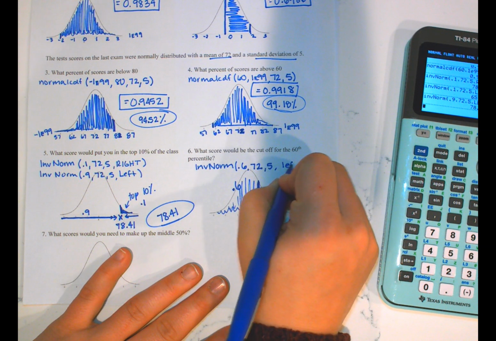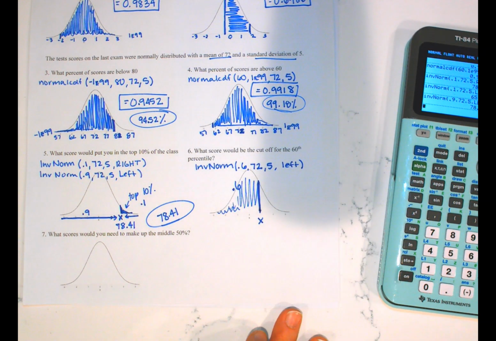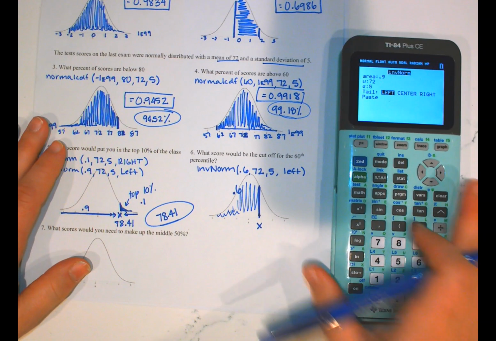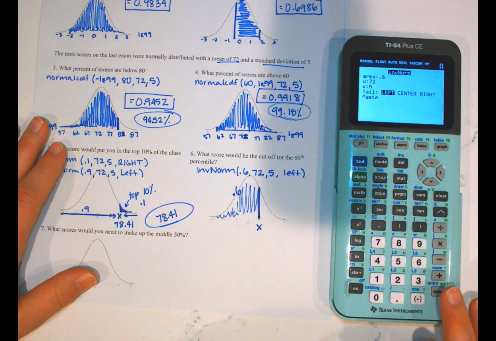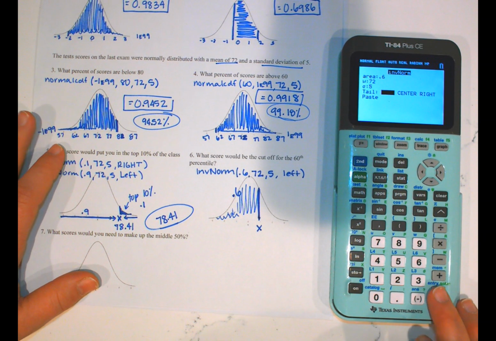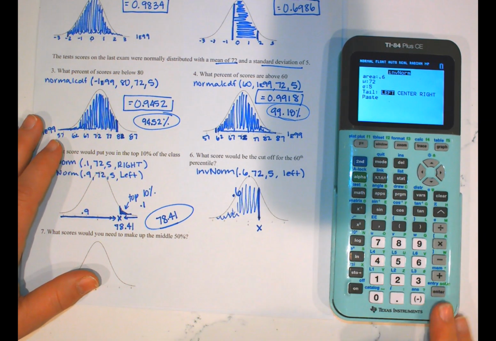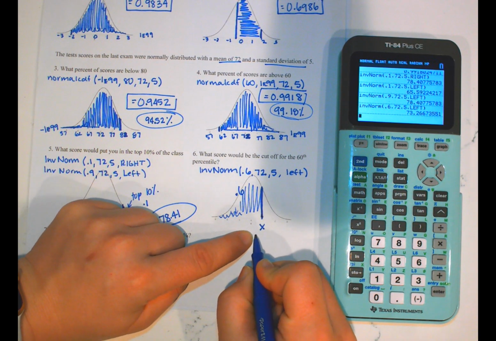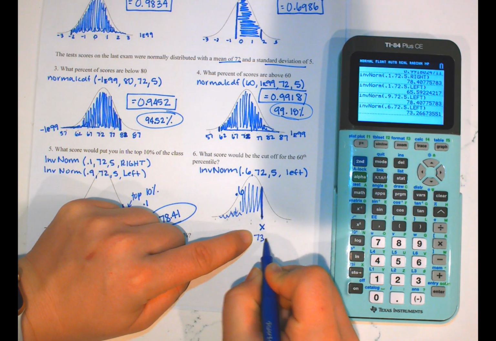And then I'm coming from the left, which if your calculator doesn't let you pick, it's automatically assuming the left anyway. So that score that puts me in the 60th percentile would be a 73.27.